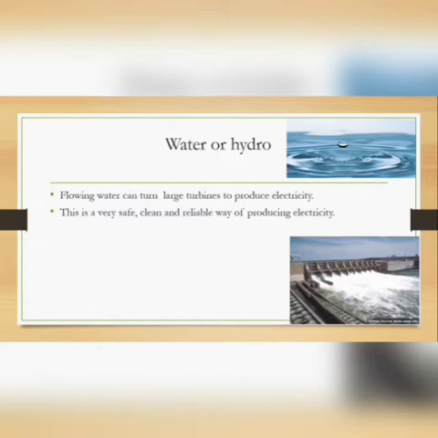And 80% of electricity produced is generated from water or hydro. Especially in Nigeria, we have dams like Kainji Dam, Shiroro Dam, Jebba Dam, Tiga Dam, and so on to produce electricity.